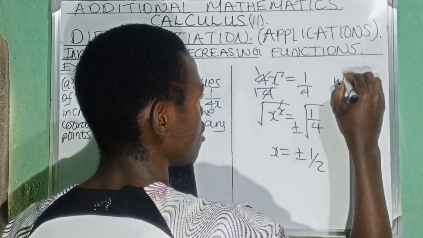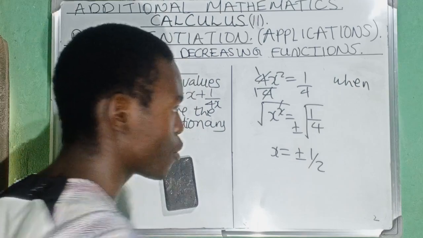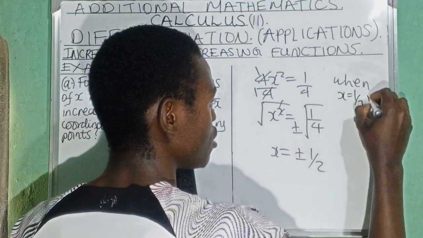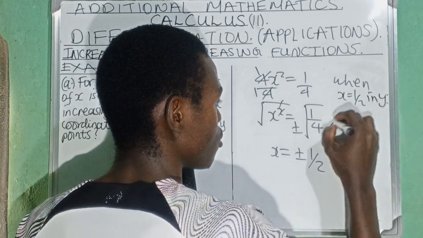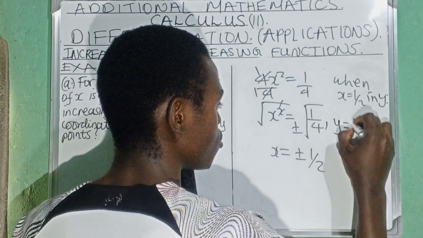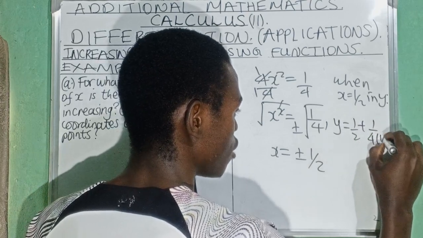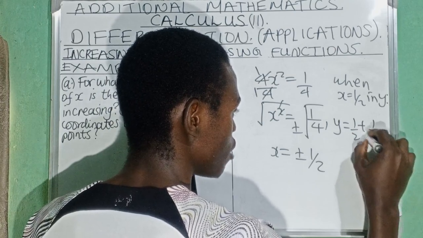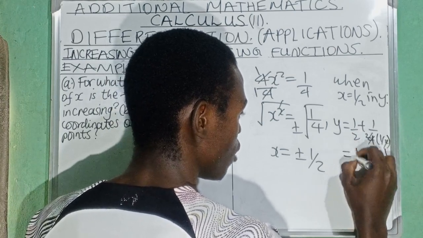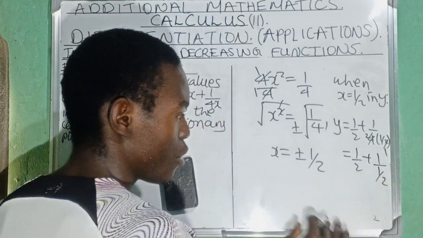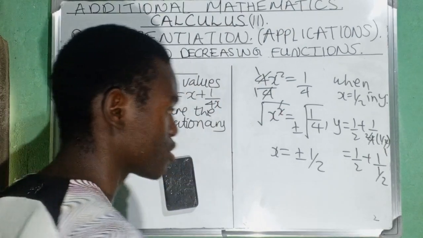And then to find the y coordinate, we are going to say when x is equal to 1 over 2, in y, y is equal to 1 over 2 plus 1 over 4 multiplied by 1 over 2. 2 can go into itself 1, into 4 is a 2. Therefore, 1 over 2 plus 1 over 1 over 2. That is a complex fraction.